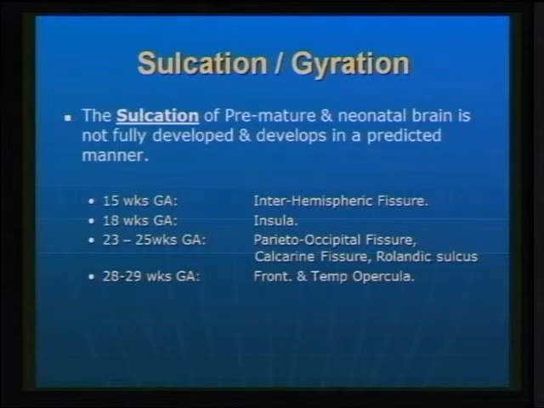By 18 weeks, the insula and the lateral dips, which are basically the Sylvian fissures or lateral sulci, start developing. The parieto-occipital fissure and the calcarine fissure, as well as the Rolandic fissure, start appearing by 23 to 25 weeks. And just before 29 to 30 weeks, the frontal and the temporal opercula covering the Sylvian fissure start appearing.